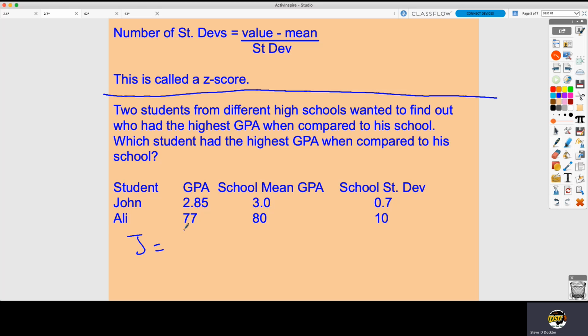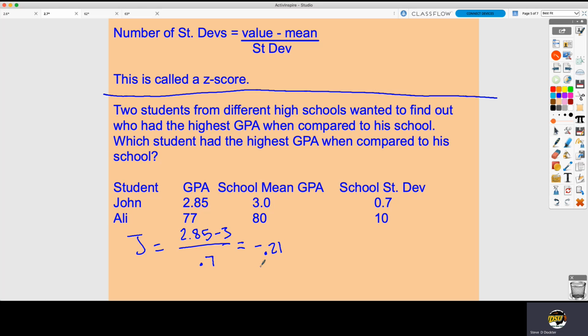John's is going to be 2.85 minus the school average, which is a 3, and then we divide it by the standard deviation. That would get us approximately a negative 0.21.